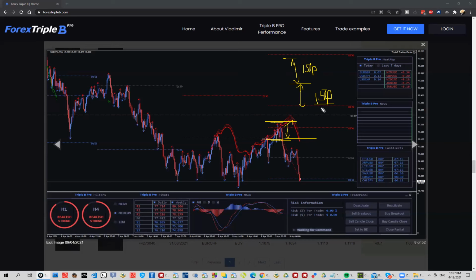In simple words, what I'm trying to say is, in one case, you're trying to predict the direction of the market for 15 points, which is much, much easier to do, rather than predicting the market for 150 pips in a given direction.